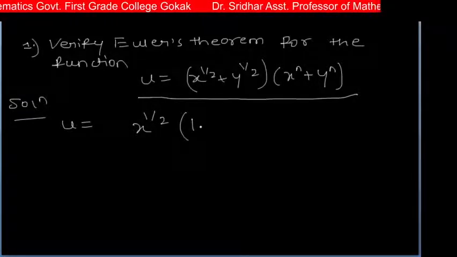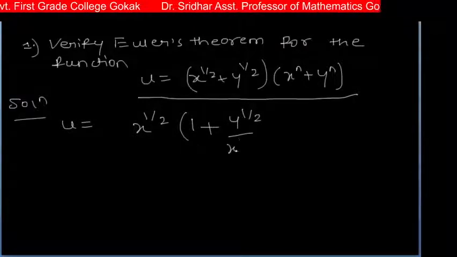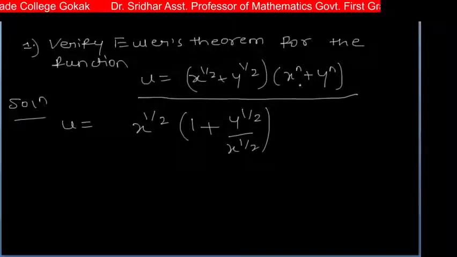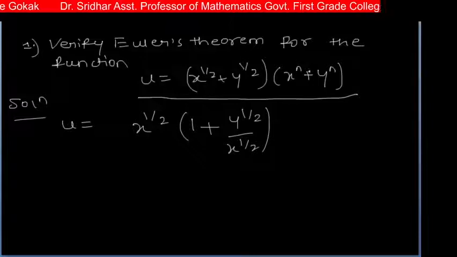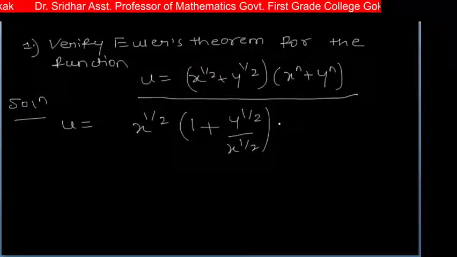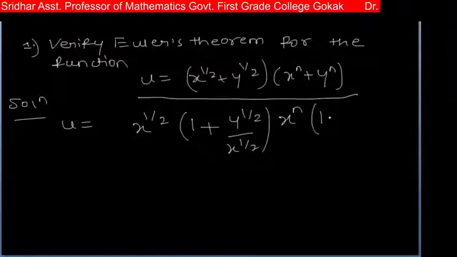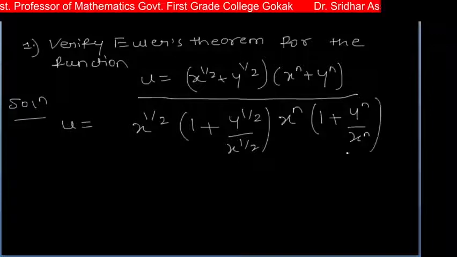So here you will get 1 plus y raised to 1 by 2 divided by x raised to 1 by 2. And here also I take the highest degree term, x raised to n, common, which is 1 plus y raised to n by x raised to n.